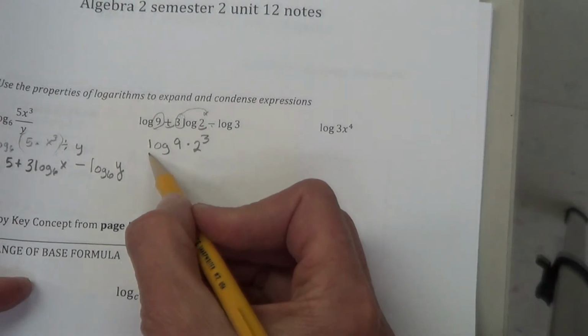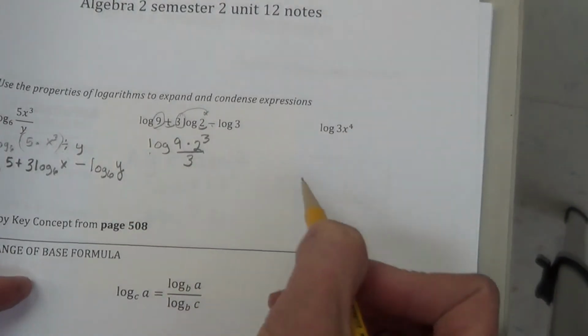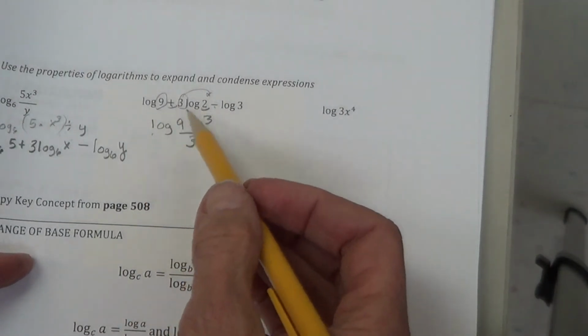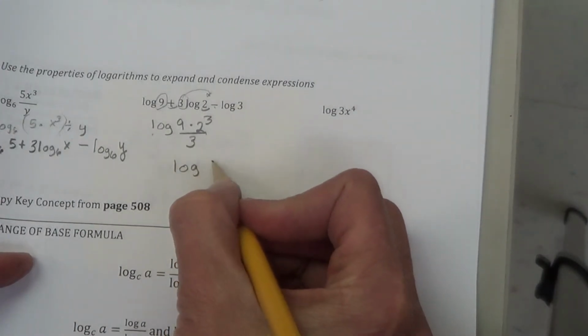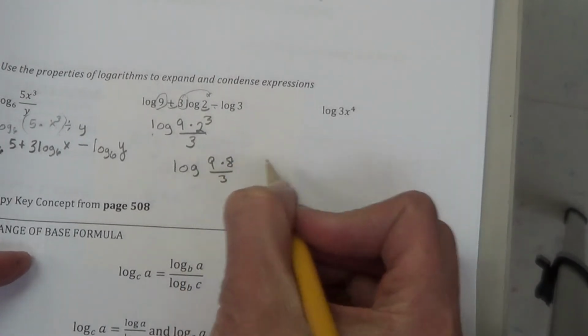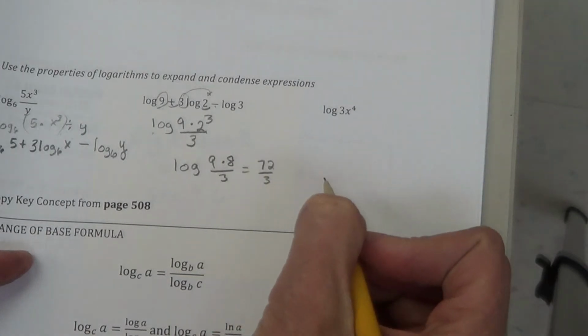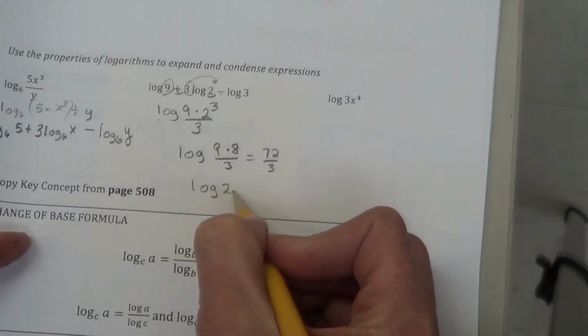Minus means divide by 3. Okay, we never have to write the log again. When we're condensing, we leave just one log there. So we have log of 9 times 8 divided by 3. That would be 72 divided by 3, which is log 24.